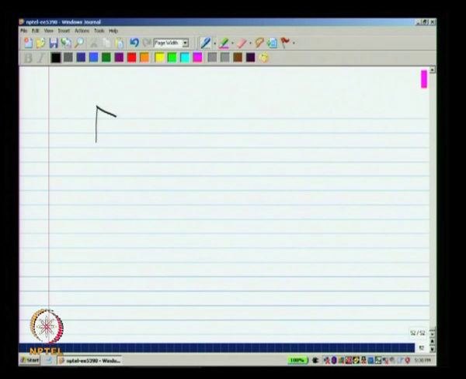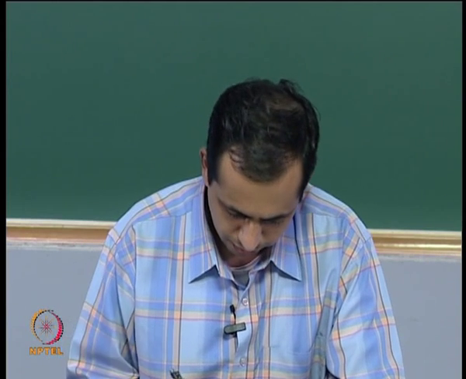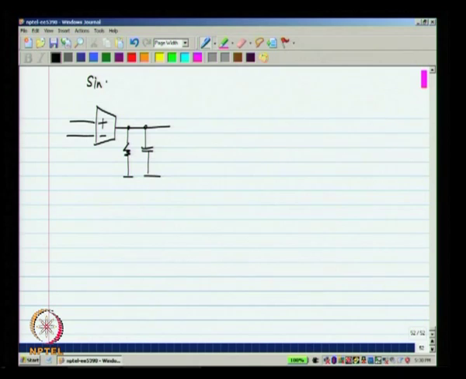So, I will first start with a single stage op amp. Most op amps that you buy off the shelf and use in the lab are not single stage. Most of them turn out to be a two stage Miller compensated op amp.